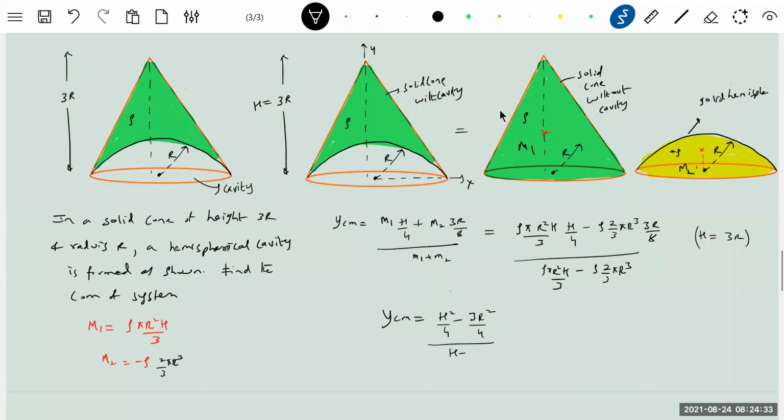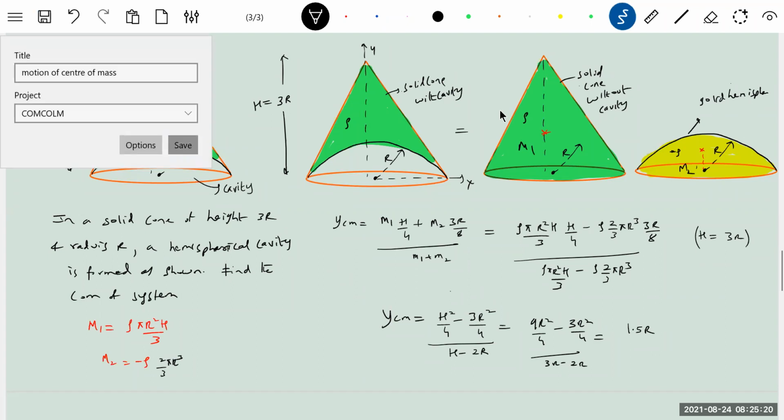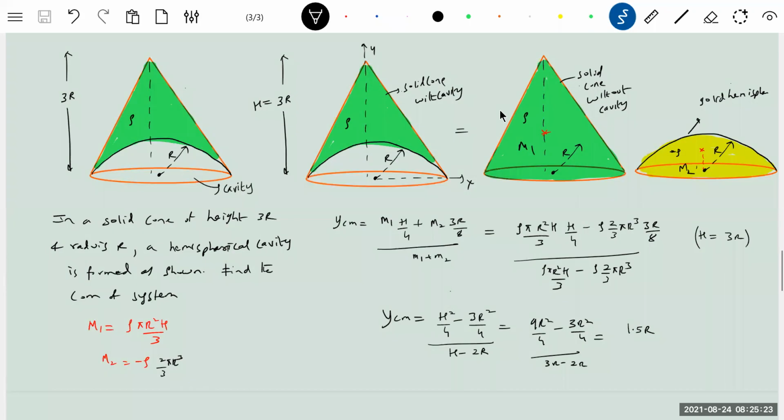We have taken out that h minus 2r. So what is h square? 9r square by 4. h is 3r minus 2, which gives 1.5r. Check the calculation once.